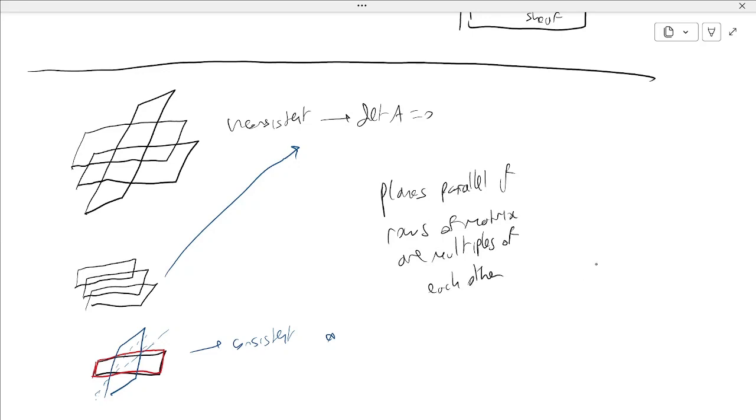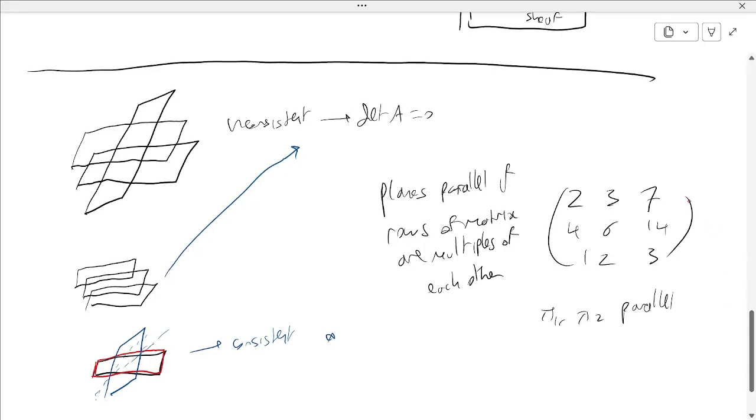So, for example, if I had 2, 3, 7, and 4, 6, 14, and then the last one could be anything, pi 1 and pi 2 would be parallel planes. And they would be equal planes, the same plane, if the right-hand side matched up, like 2 and 4, because then they both describe 2x plus 3y plus 7z equals 2.